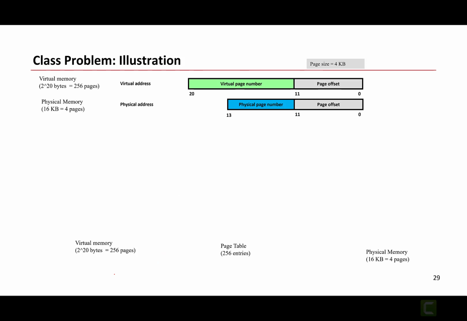We are given that the ISA is a 20-bit ISA. What that means is your virtual memory size is 2 to the power of 20 bytes. Now that virtual memory is divided into pages. Each page is of size 4 kilobytes.